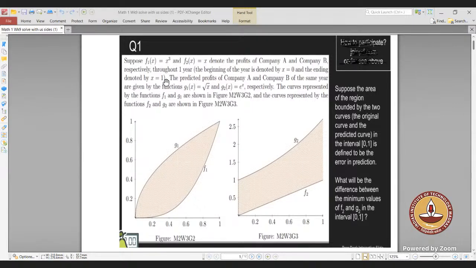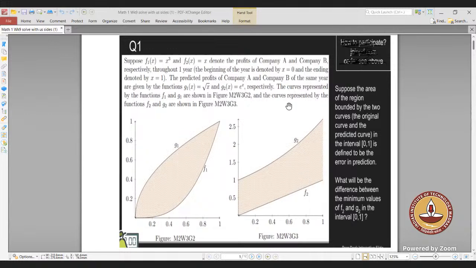The predicted profits of company A and B of the same year are given by g1 of x is equal to root x and g2 of x is equal to e power x. So f1 and f2 are the actual profits, and g1 and g2 are the predicted profits. The curves for f1 and g1 are shown in this figure, and the curves for f2 and g2 are shown in this figure.